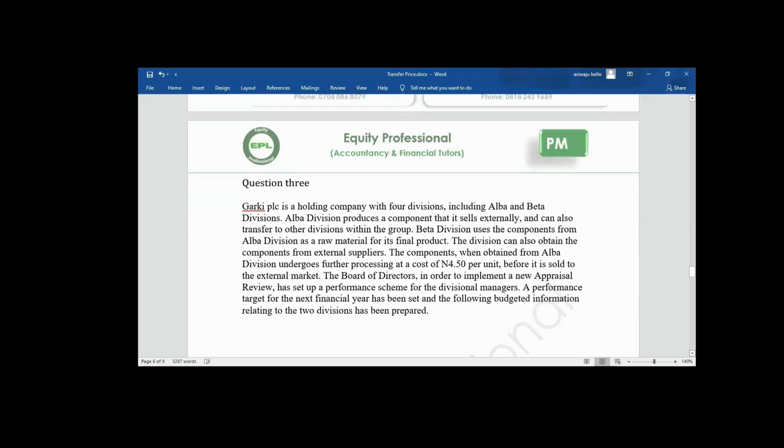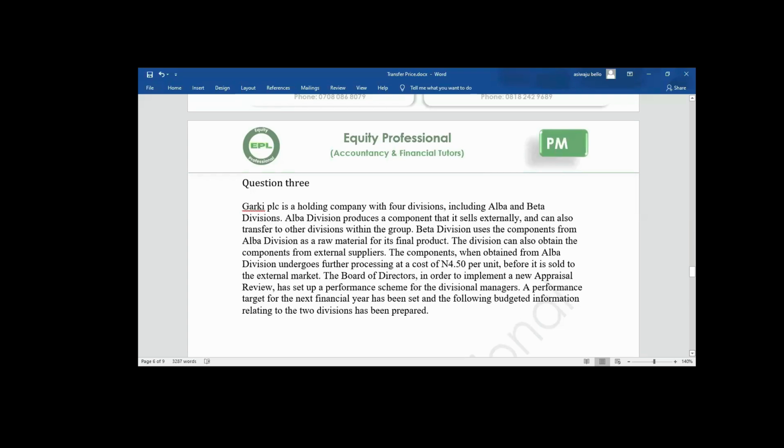Garki PSC is a holding company with 4 divisions, including Alba and Beta divisions. Alba division produces a component that is sold externally and can also transfer to other divisions within the group. Look at that sentence. Alba division produces a component. It can sell externally.